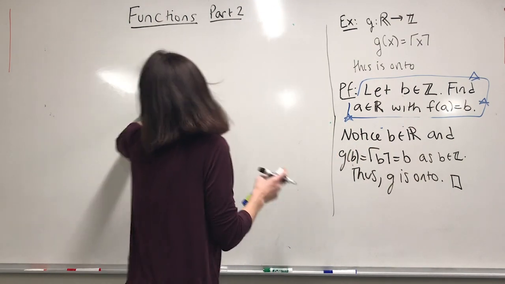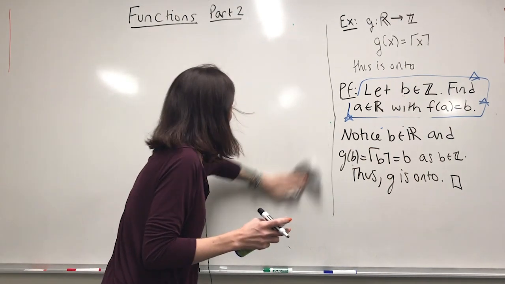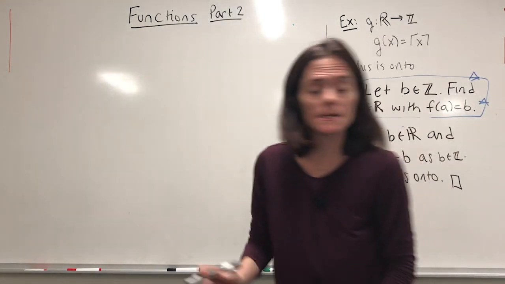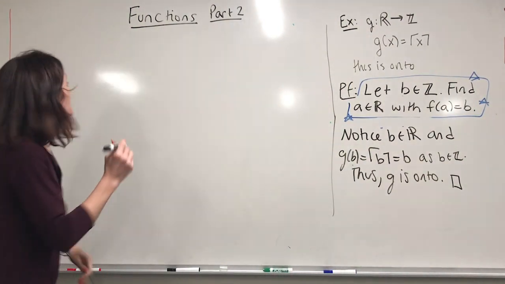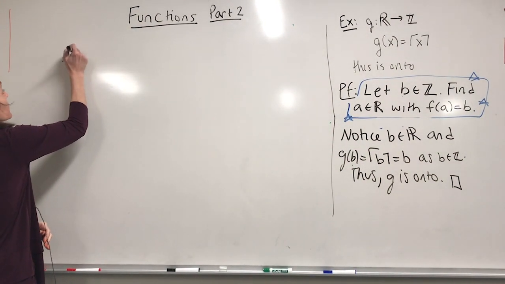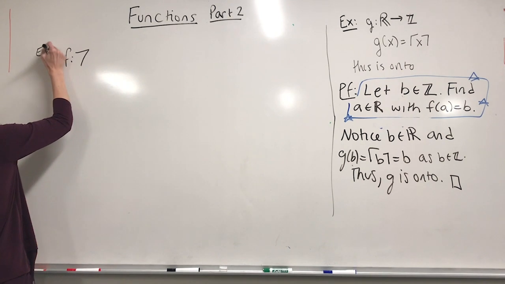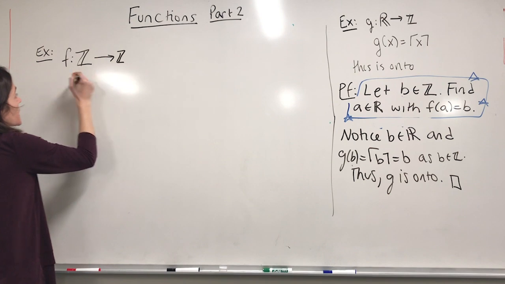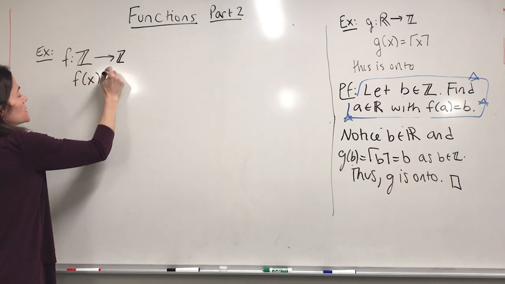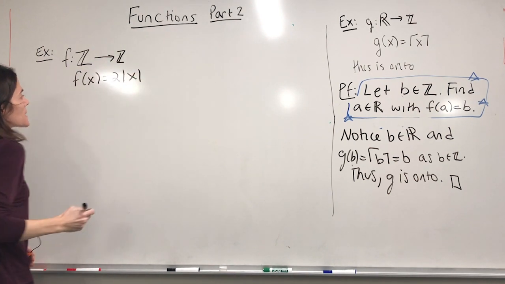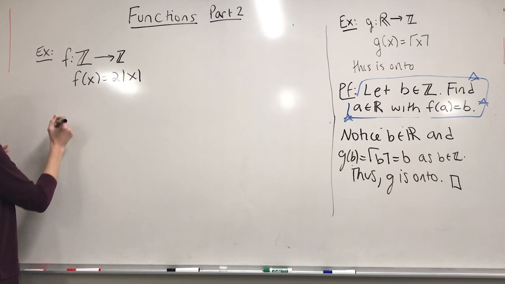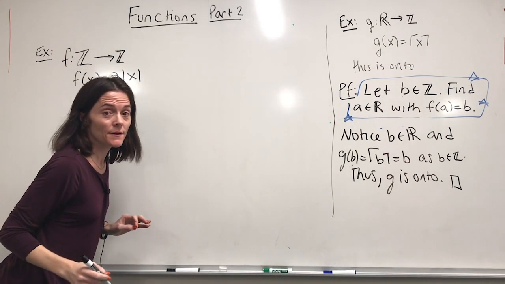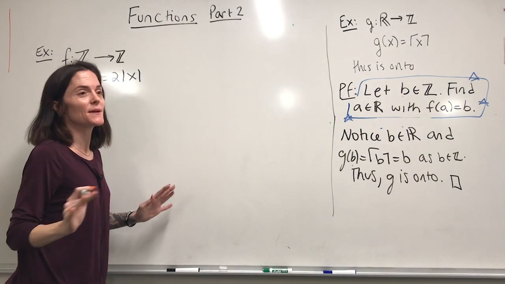Okay. So the next one that we will look at was f from Z to Z, defined by f of x is 2 times absolute value of x. Okay, hopefully we already discussed the image, right?